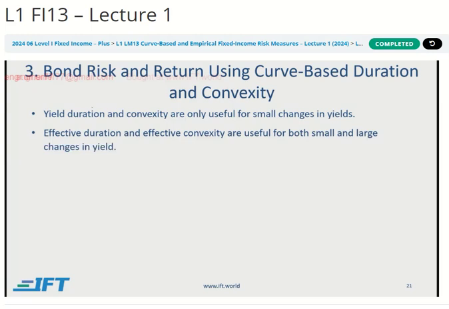The yield-based duration and convexity that we have been using is useful for small changes in yields, but effective duration and effective convexity is useful for both small and large changes. So this is actually very, very good. It's more useful than your approximate yield-based duration and convexity.